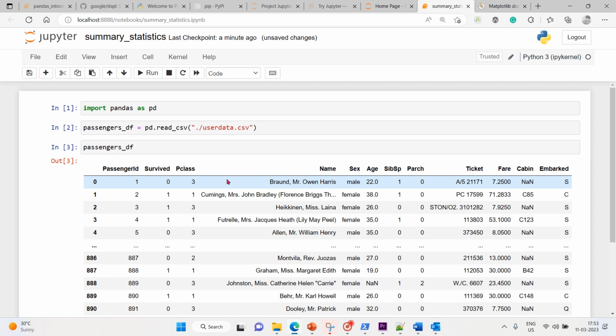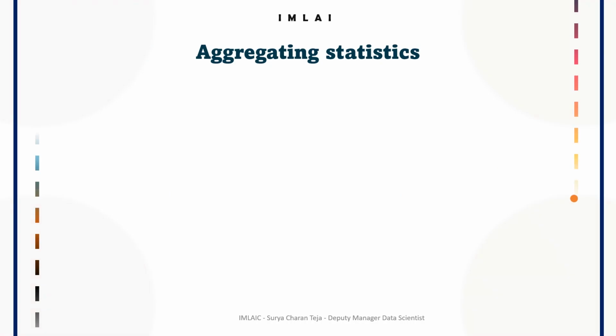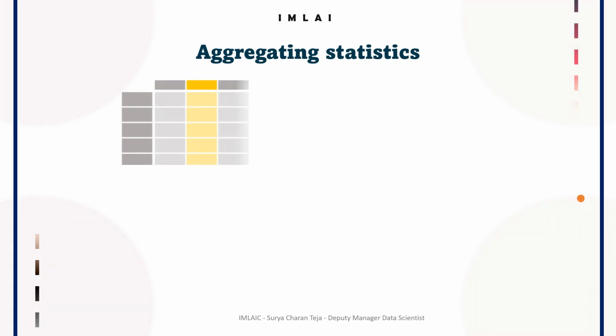So now let's get back to our slide, and let's check what all we'll do. We'll begin with aggregating statistics. So what is aggregating statistics? You have different series in your data frame, and we just want to aggregate one of the series, and get the aggregate value of that series, or that column.